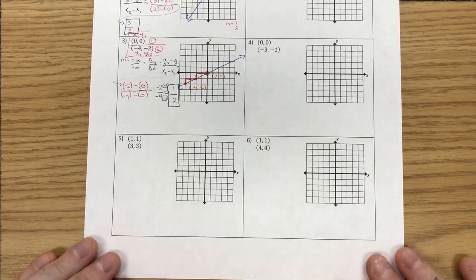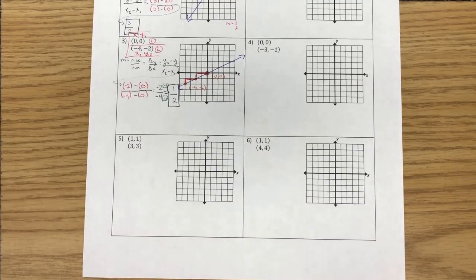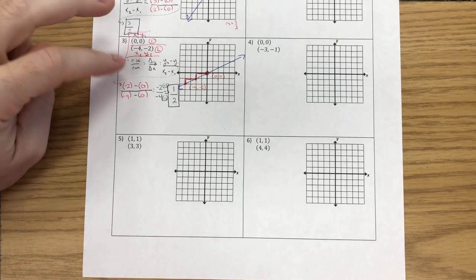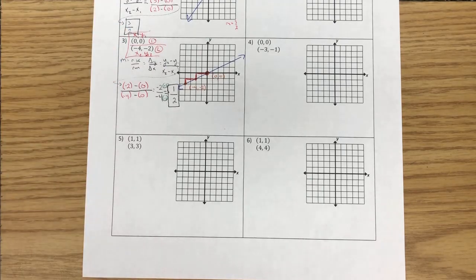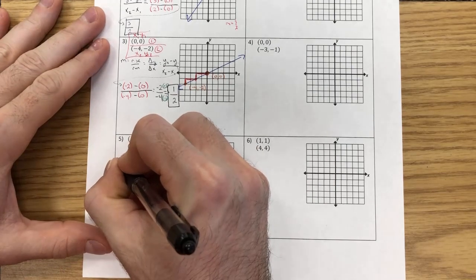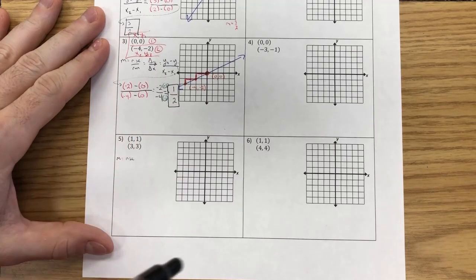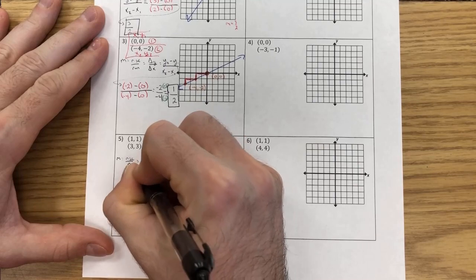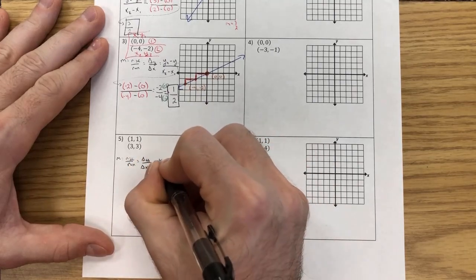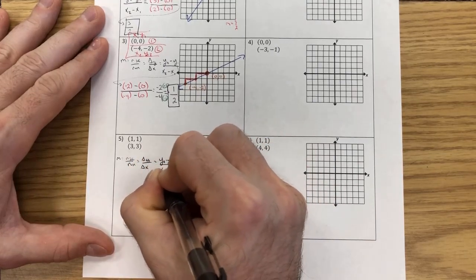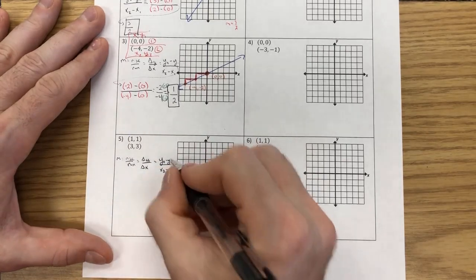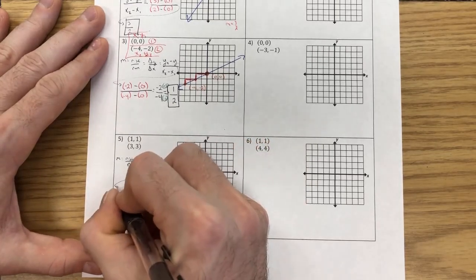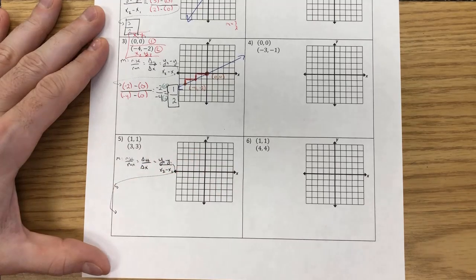So let's check this one. We mentioned the fact that it doesn't matter which ones are x1, y1, which ones are x2, y2, and we said we could do it both ways. So we're going to try this one both ways. So if my slope is my rise over my run, which is my change in y divided by my change in x, or y2 minus y1 over x2 minus x1, I know that I'm going to have 2 possible ways to list that.